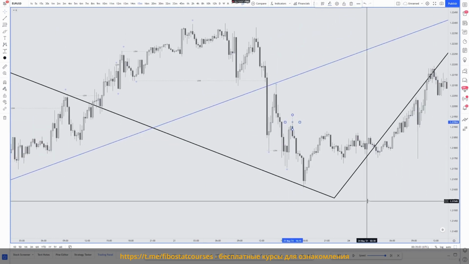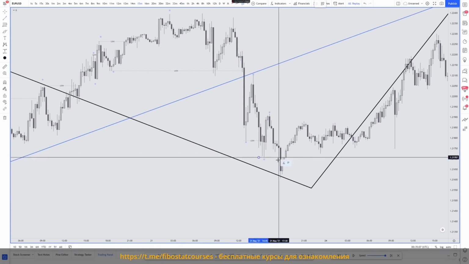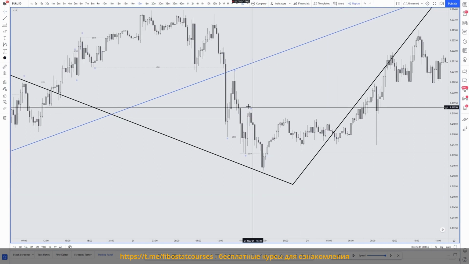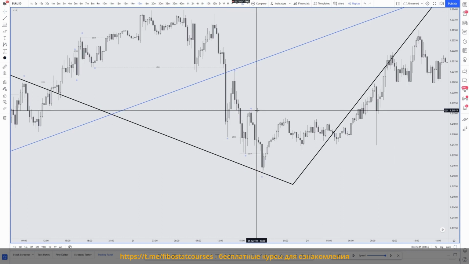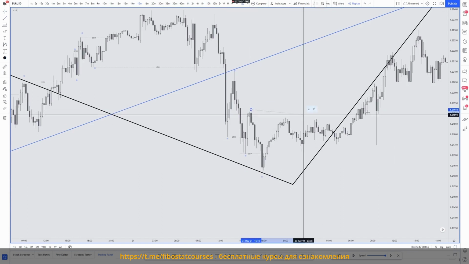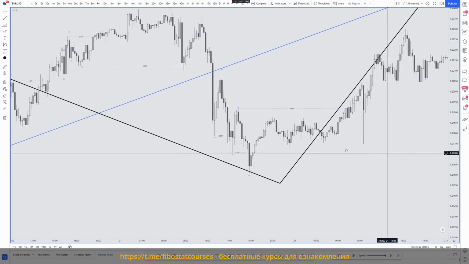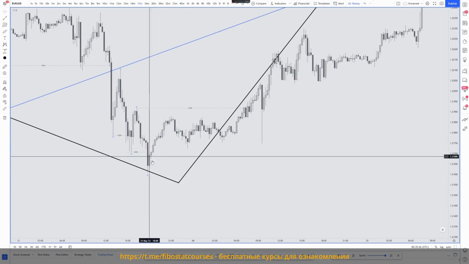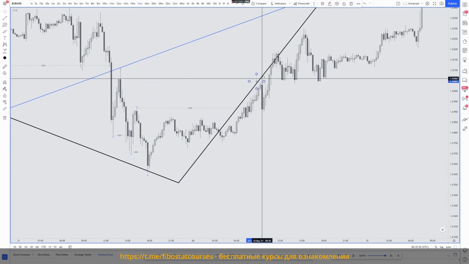And this is one of those prime examples of sometimes you get too much structure. And there will be times where 15 structure is really far apart and you don't have any structure for days. At times like that, you just look to see if demands are holding or supplies are holding, and it helps you out to know which way to go.